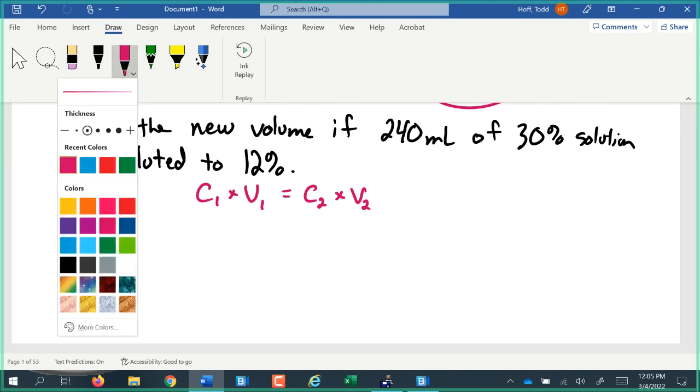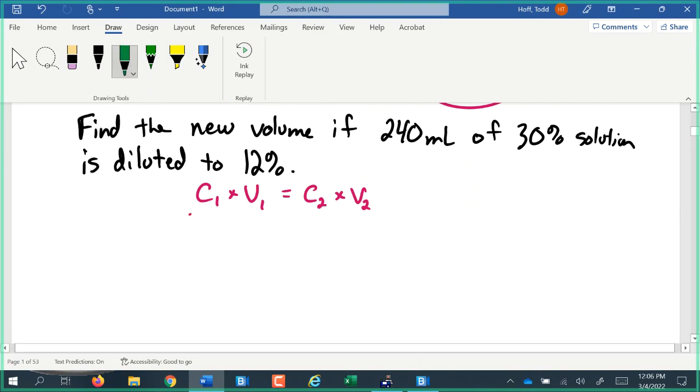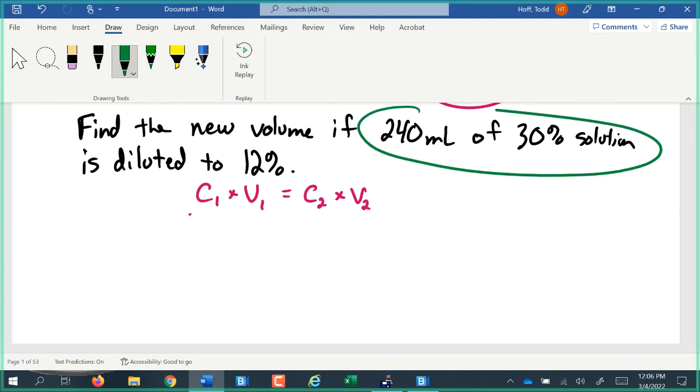So anyway, let's plug in. We're going to use the one that we know both the volume and concentration for. That is the 240 milliliters of 30%. So put 30 in for the concentration, and 240 milliliters in for the volume. Equals, on the other side, we know the concentration. It's going to be 12% times, we're looking for that new volume.